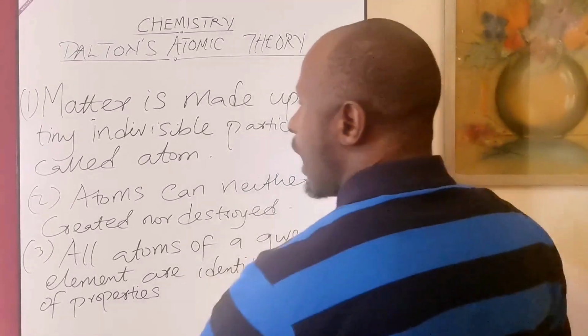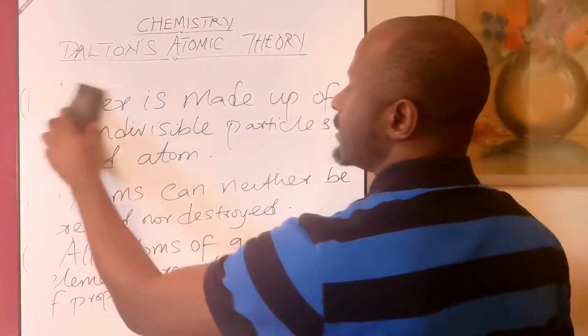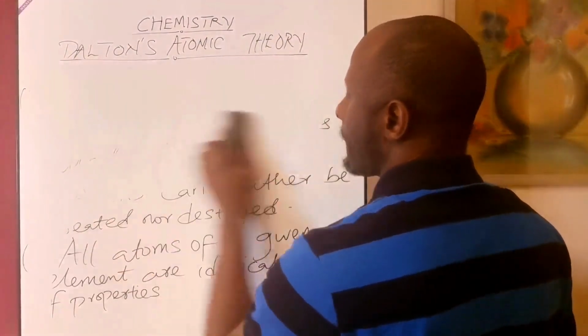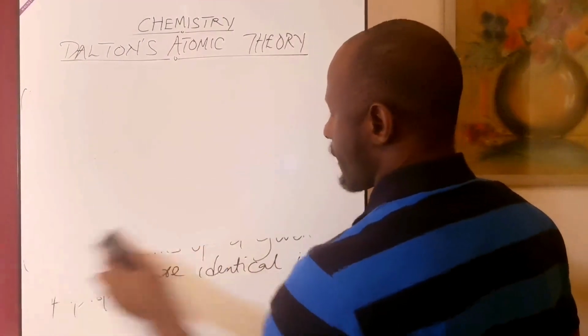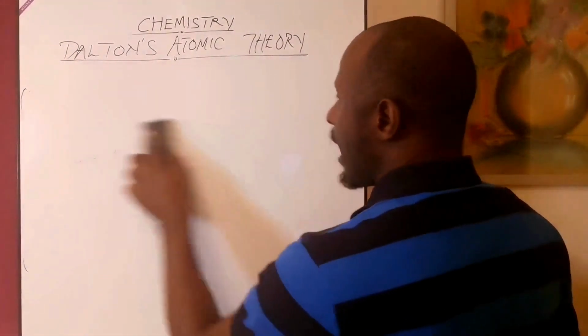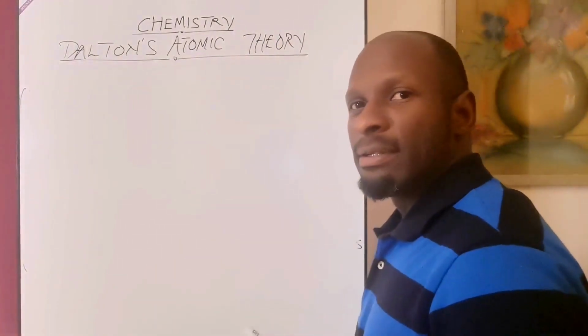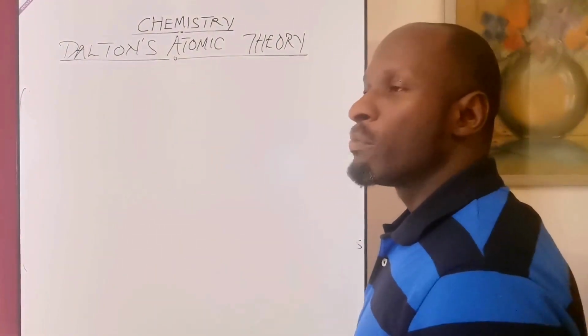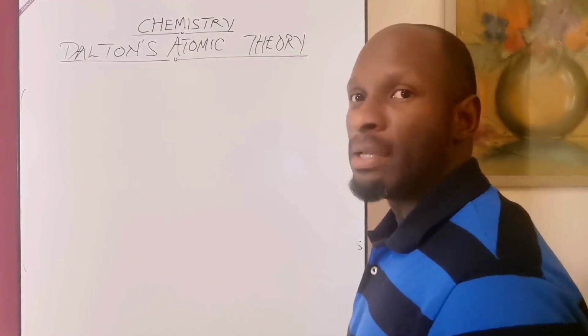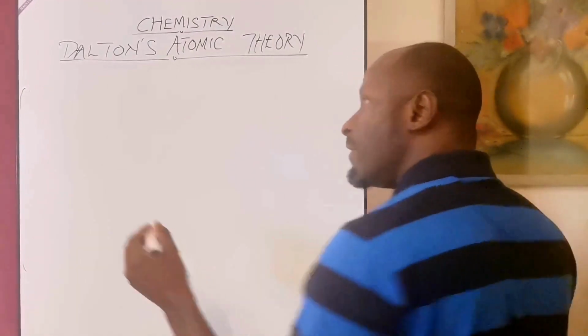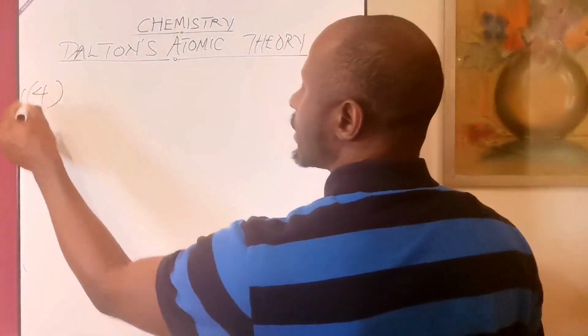Okay? Now, after this, something else he said is that atoms of a given element cannot be converted into atoms of another element. That is the fourth point he raised.